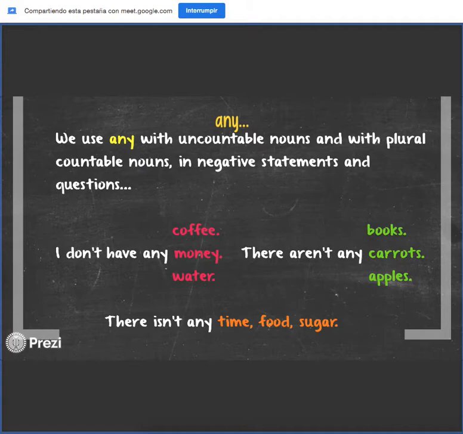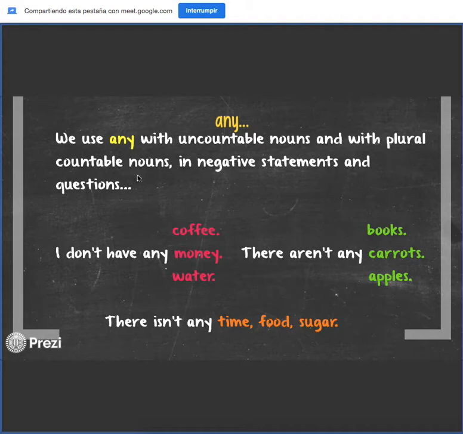So, as I was telling you in the previous presentation, we are going to use any, first of all, with uncountable and also with countable. So, you can use it with both. Puedes usar any con countable y con uncountable y no hay tal crisis. And once again, you just have to focus your attention on this. If you are using any with countable nouns, it must be the plural form. Va a ser la forma plural, okay?